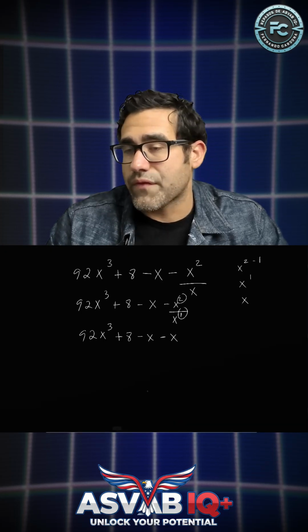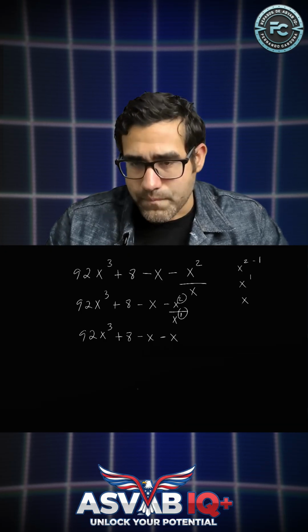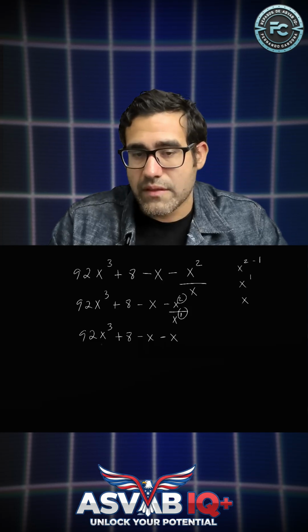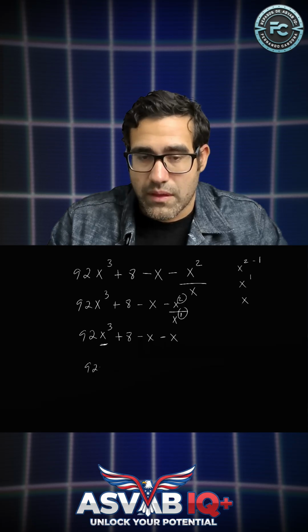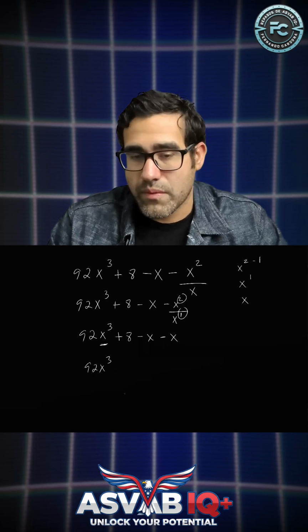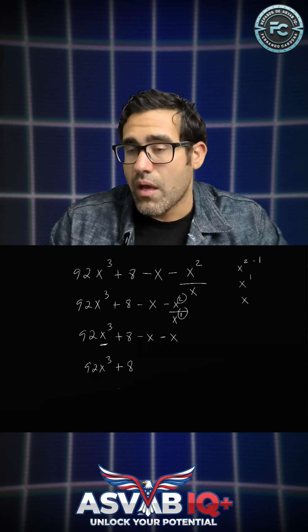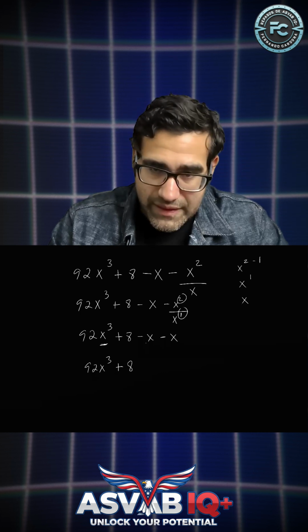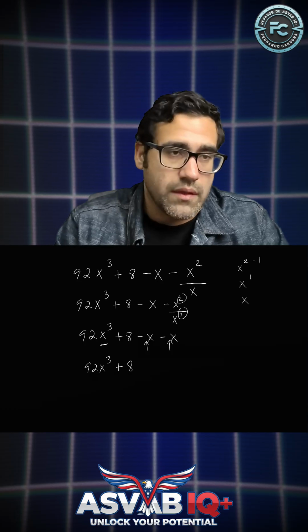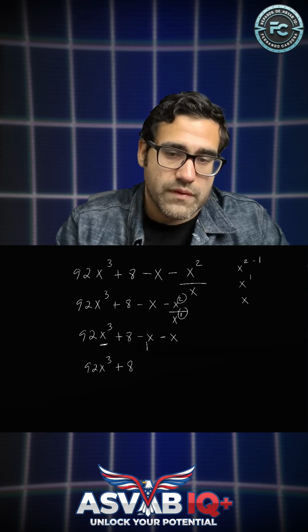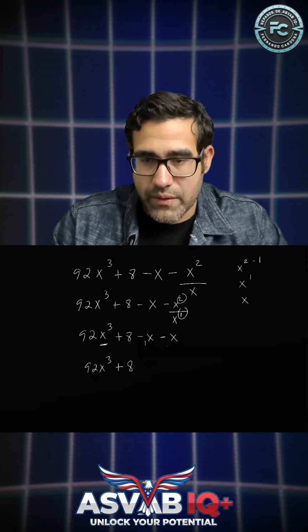Now, second thing you have to remember is, well, x^3 has no like term, so it's going to stay the same. And 8 has no like term, so we're going to leave it as 8. But in math, when you don't see anything here and when you don't see anything there, there's also a 1. So we know there's a 1 here and a 1 here.